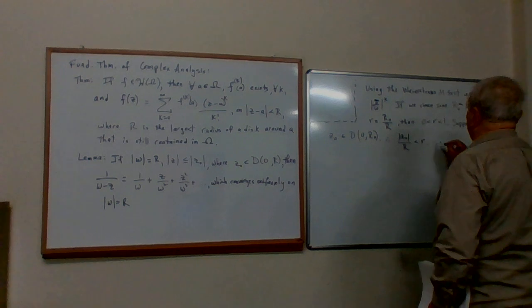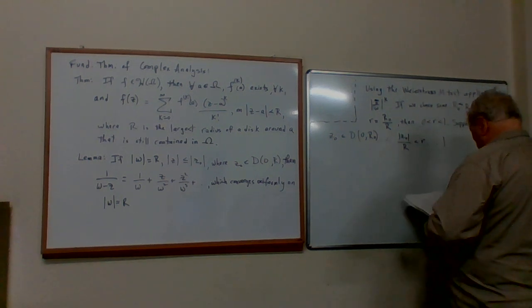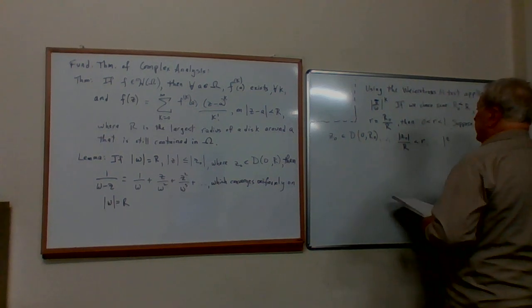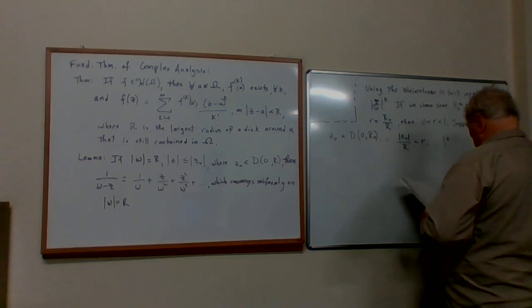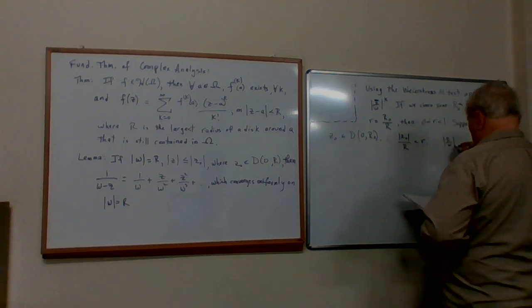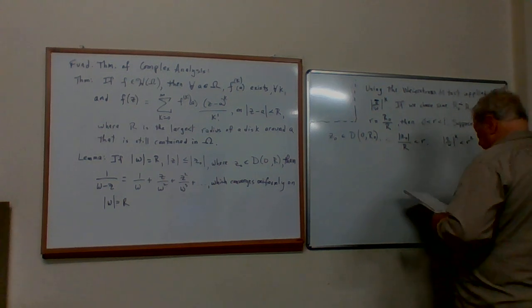So, the absolute value of z0, absolute value of z, any z in fact, |z over w| to the k is less than little r to the k.